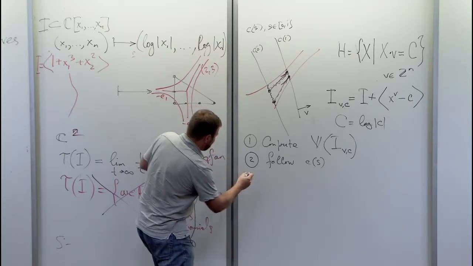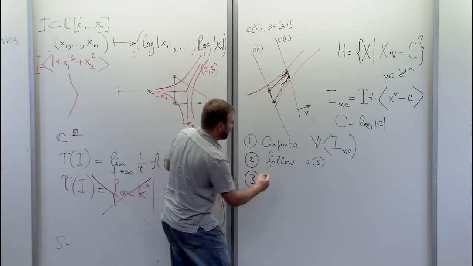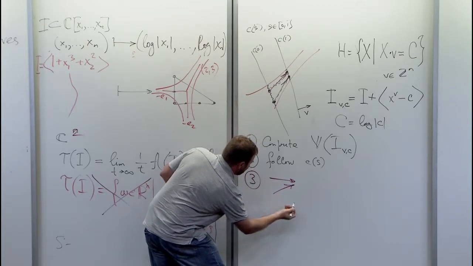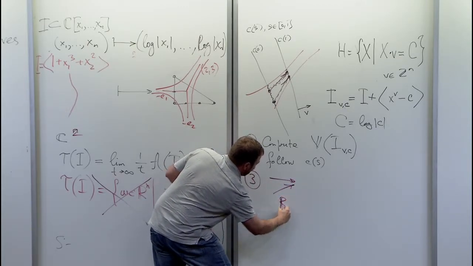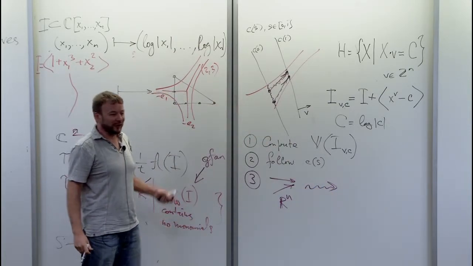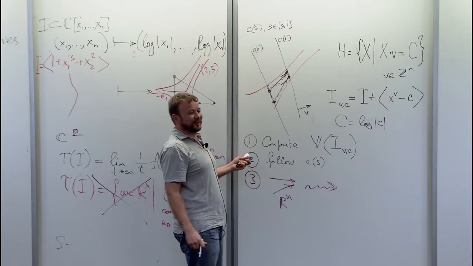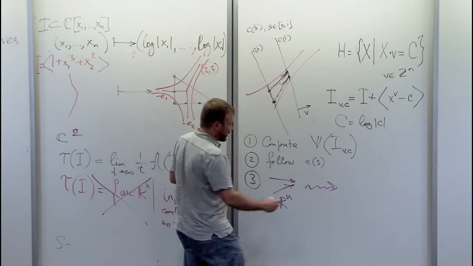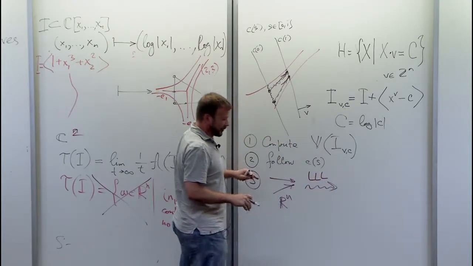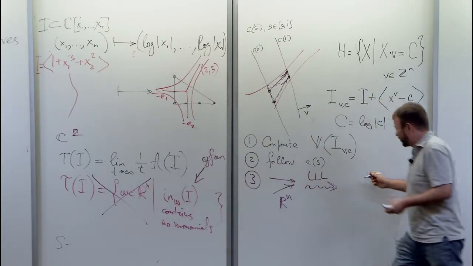And in number 3, you would take these guys, which are vectors in R^n, and process them with your favorite technique of getting integers out of real numbers. The favorite technique we use is LLL. You can read about it in the paper. It's a very simple setup.